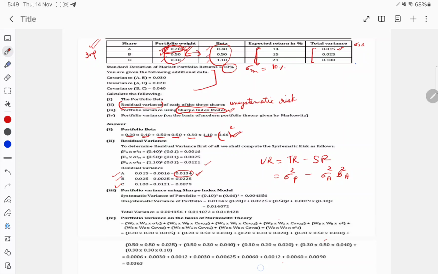Now suppose in the question it is given that you have to calculate portfolio variance on the basis of MPT, that is modern portfolio theory, or by using Markowitz theories. Then how will you calculate?